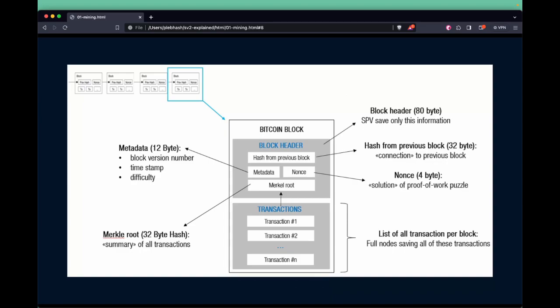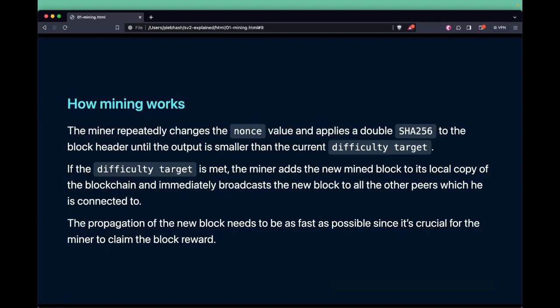And then we're gonna compare, hey, is it under the current difficulty target? Does it meet the requirements of the current difficulty target? And remember, the hash is just a number. So we're basically saying, hey, is this hash smaller than some specific threshold?